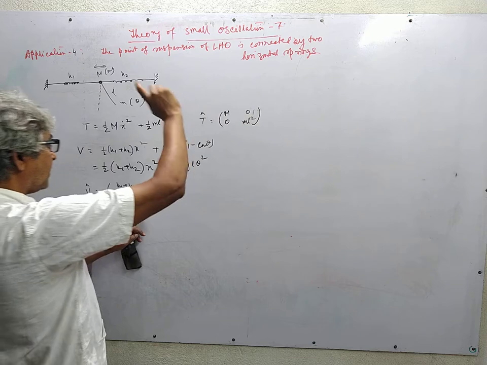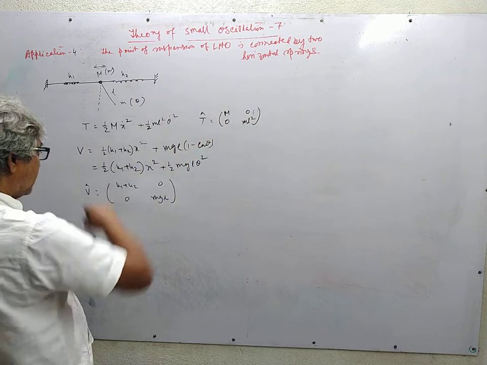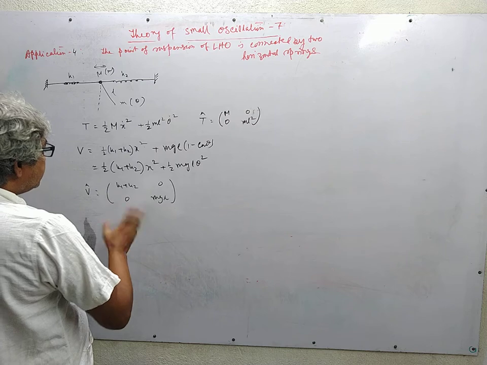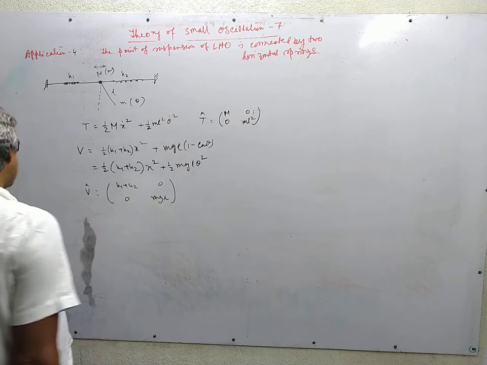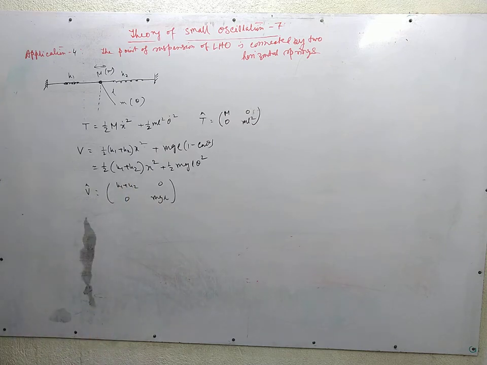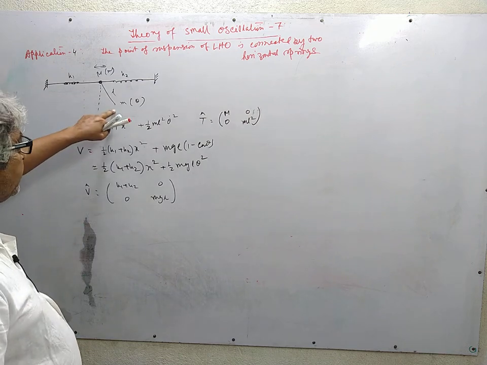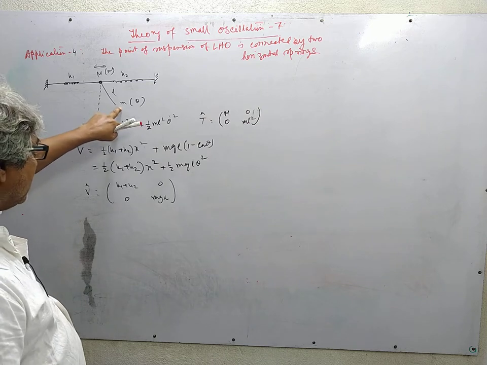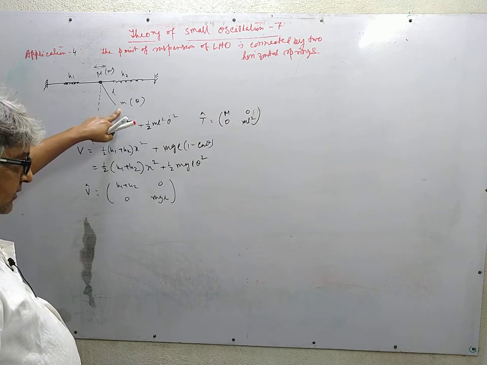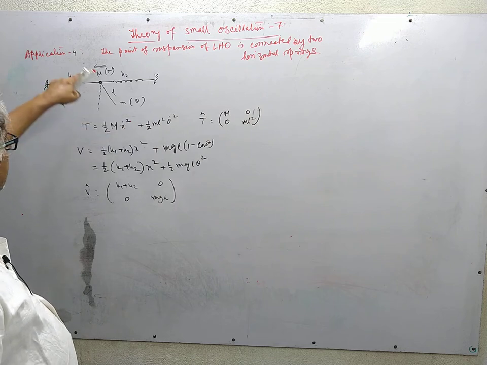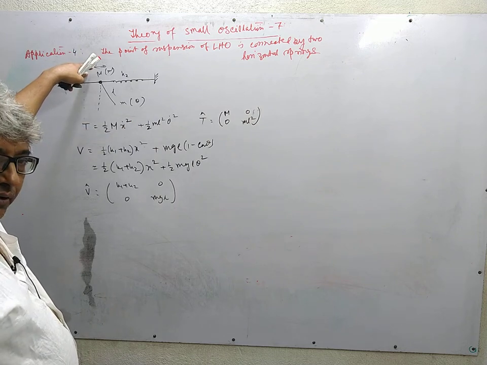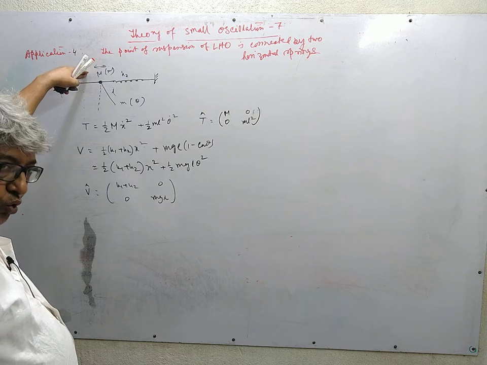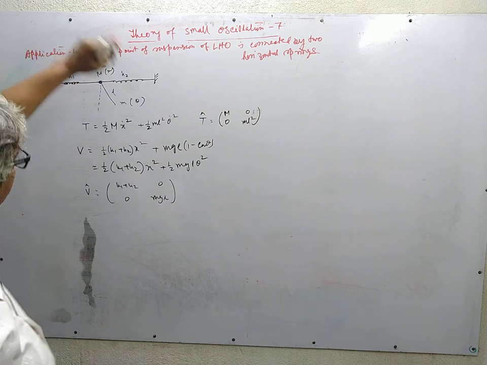There is no inertial coupling since the P matrix is diagonal. There is no stiffness coupling since the V matrix is diagonal. So in that sense, this is not a problem of coupled oscillations. So we can still work it out, and we shall find that one eigenfrequency will be the frequency of the simple pendulum, that is root g by l, and the other eigenfrequency omega 2 will be root of K1 plus K2 by capital M.